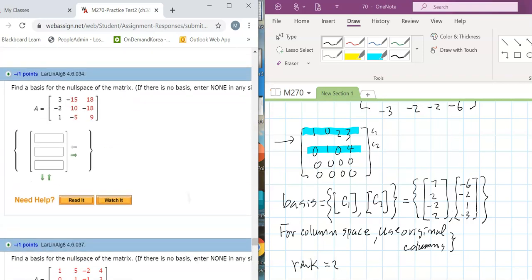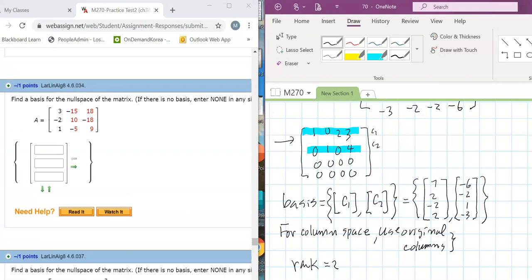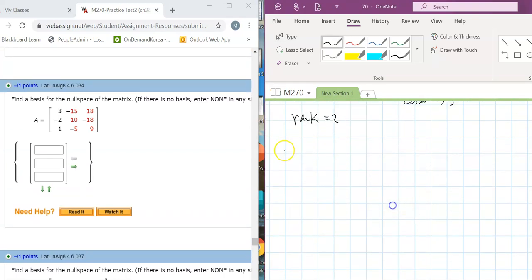How about 79? 79, find the basis null space. So here, what that means, you write the homogeneous equation, negative 5, 18, negative 18, 9.